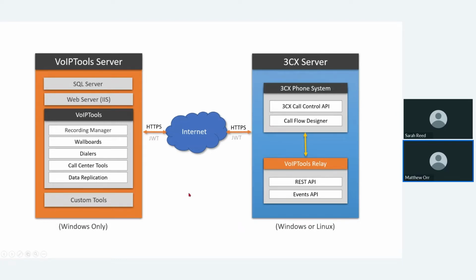In the coming versions, which are in use now but haven't been widely made available, it will also layer the JWT authorization component on top of the security we're going to talk about. So this is the architecture and where the VoIPTools relay fits into this whole discussion about security.